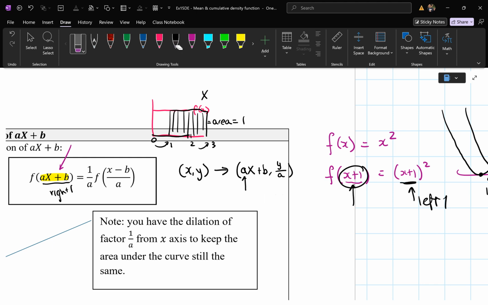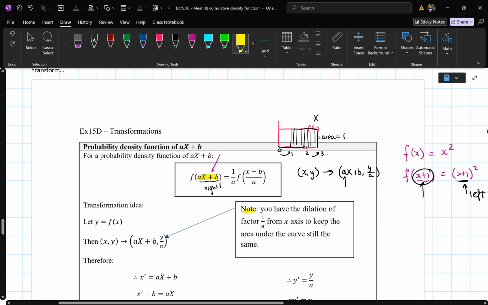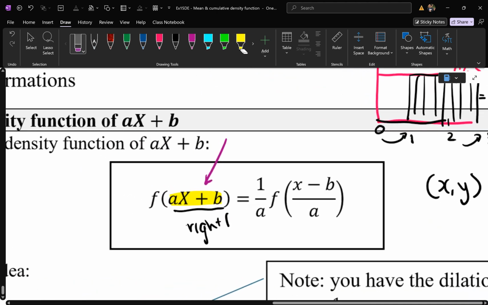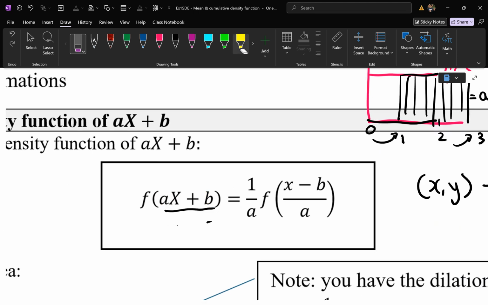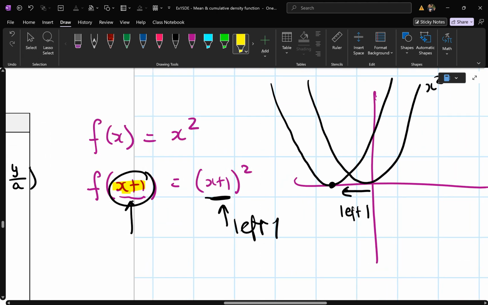That's why we have that little extra note, which is what I wrote over here: note that you have the dilation of factor 1 over a from the x-axis to counterbalance the dilation factor a. So when you read this part of the notes that I wrote, don't confuse this with what you're familiar with, which is over here. They're different, okay?